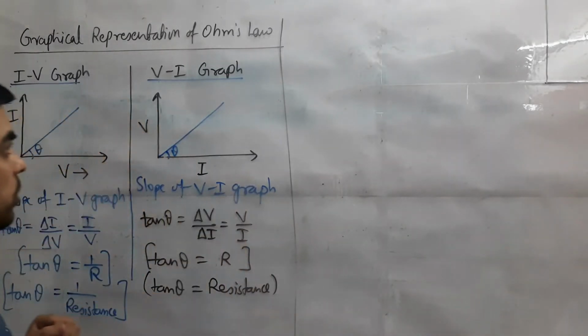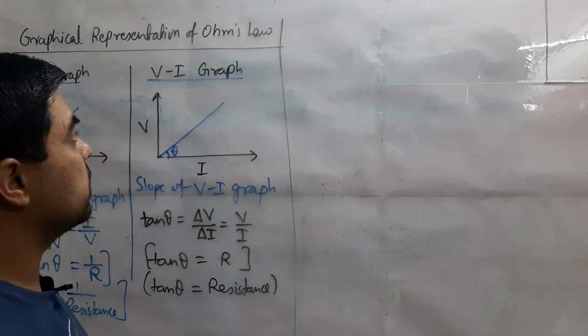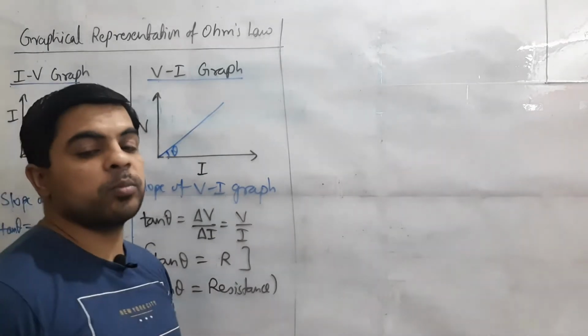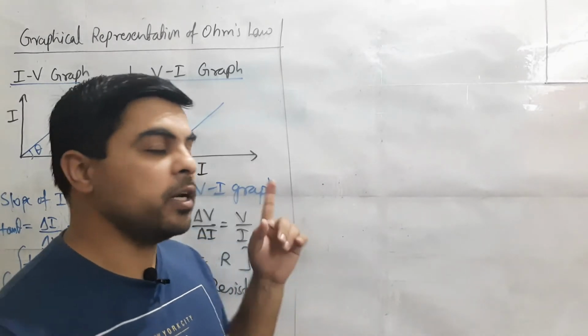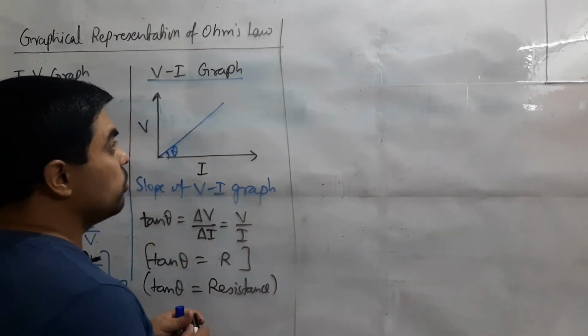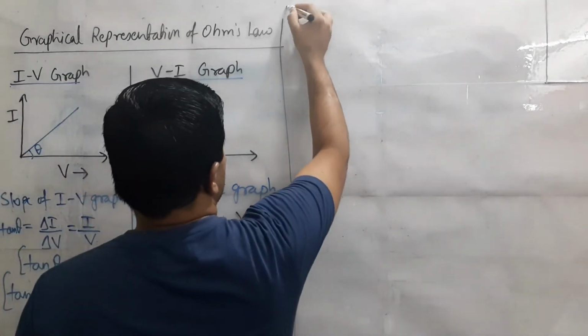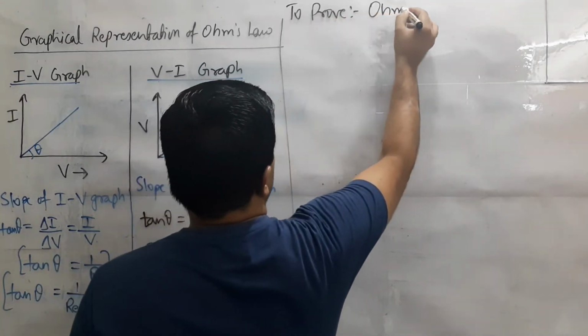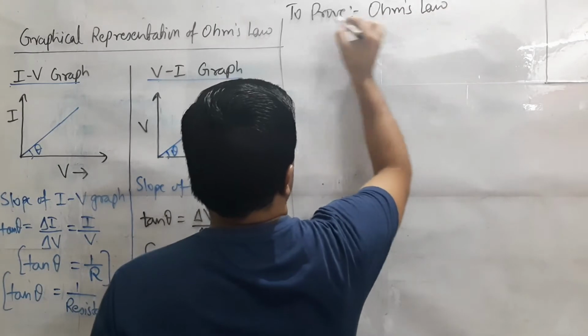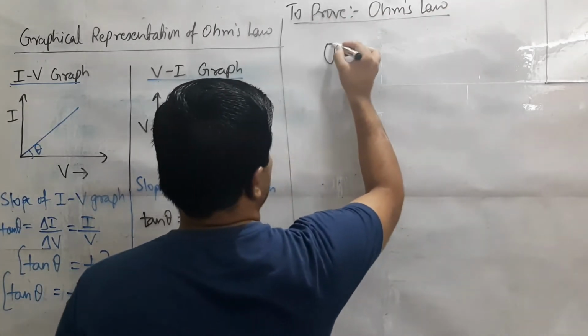Now moving to the next concept, where we have to prove why I and V are in direct proportionality at constant temperature and mechanical strain; we will come to know that from the proof. So to prove Ohm's law, we will consider the same figure.